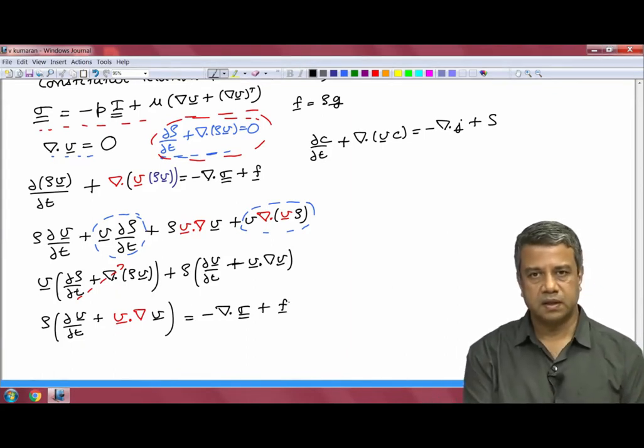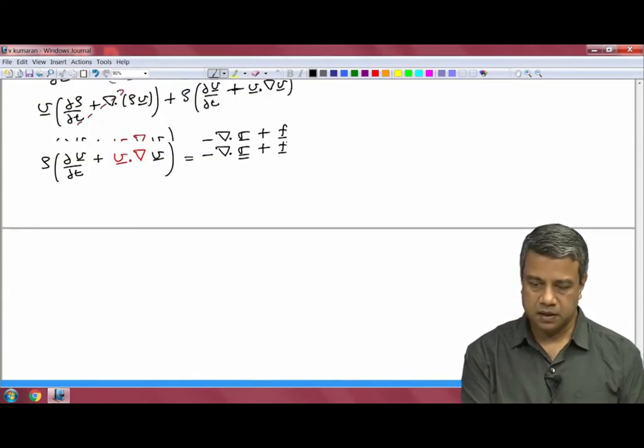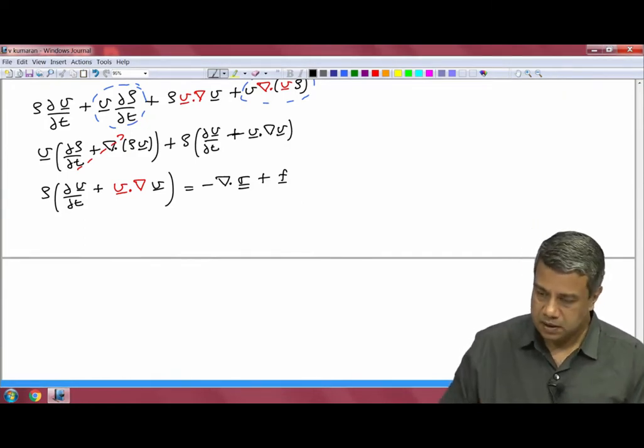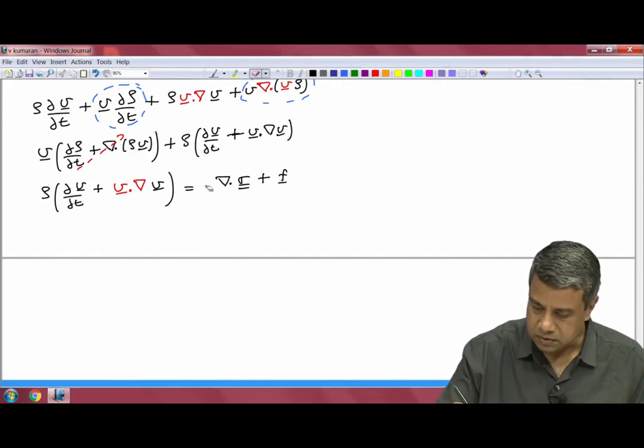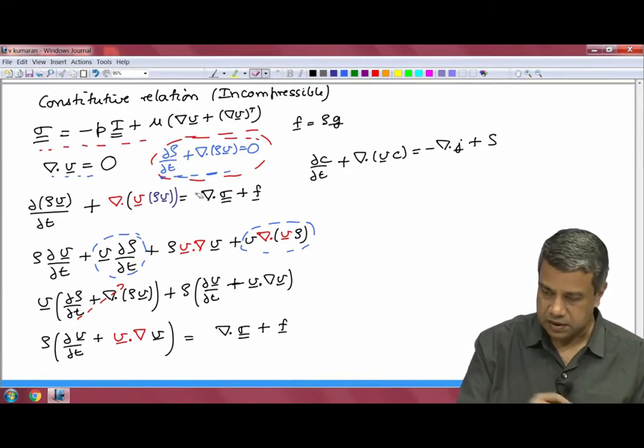That is what you would expect in analogy with the mass conservation equation. And I should note that there is no negative sign here. There is no negative sign here either.